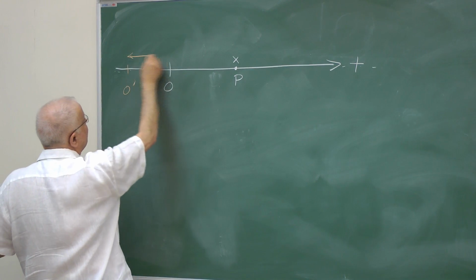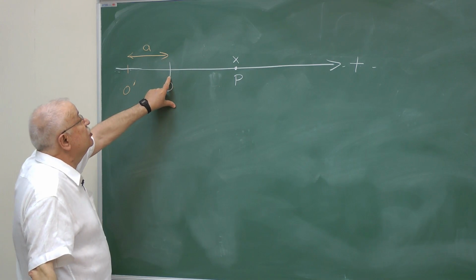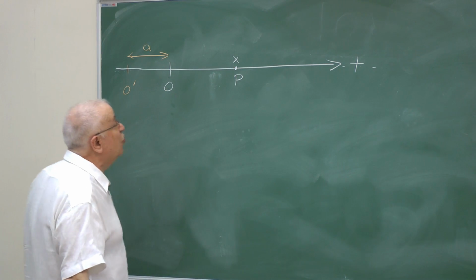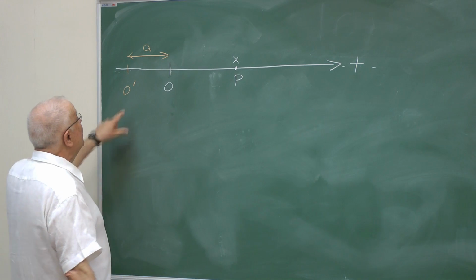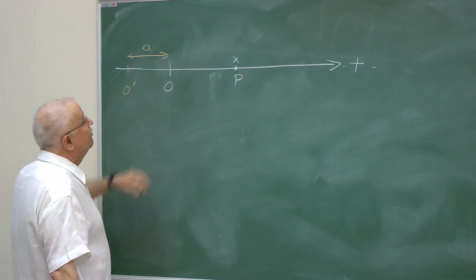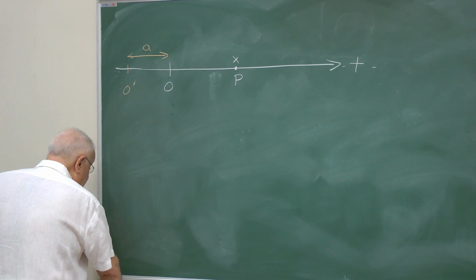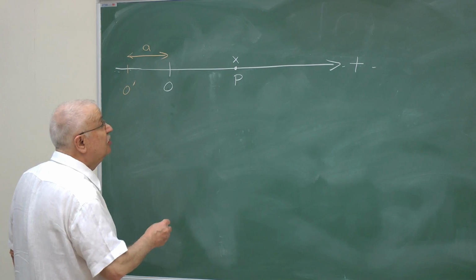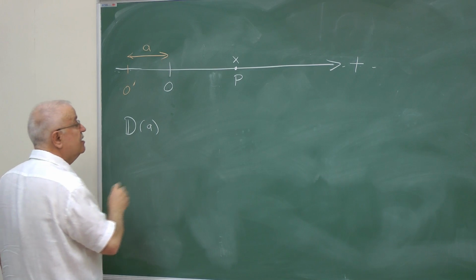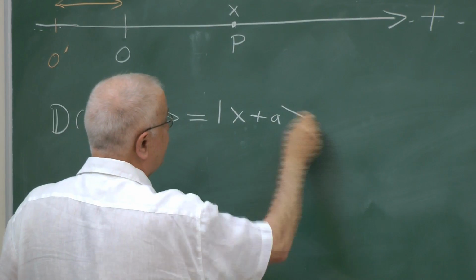If this is a distance A, then the person who uses the white O as the origin will see the point P as x. But the orange observer at O prime will see this point P at x plus A. So for this symmetry operation, we can say there is a displacement operator d of A. When it hits x, it gives me x plus A.